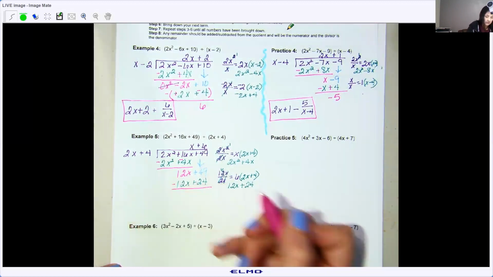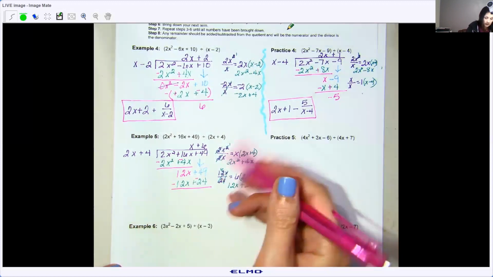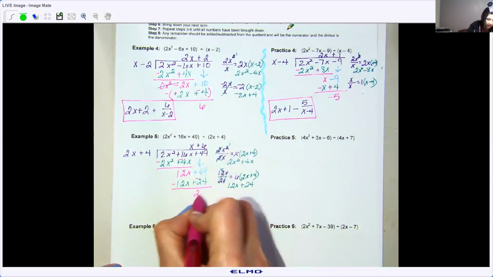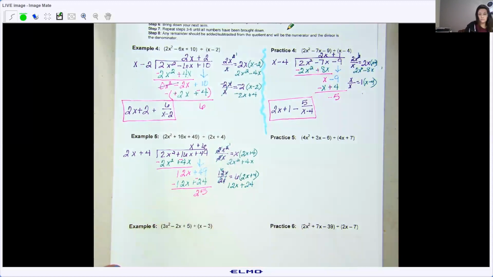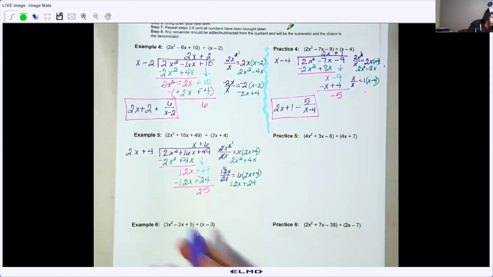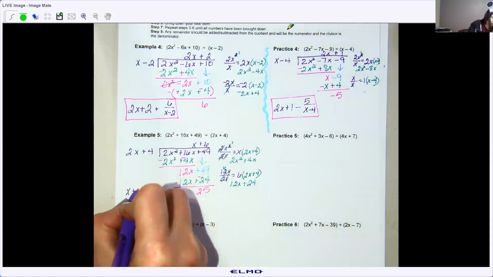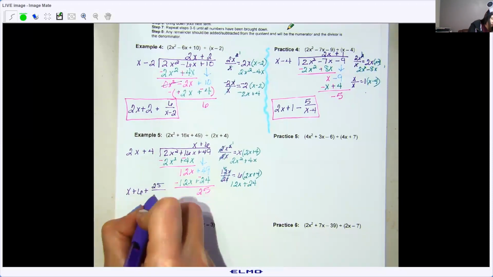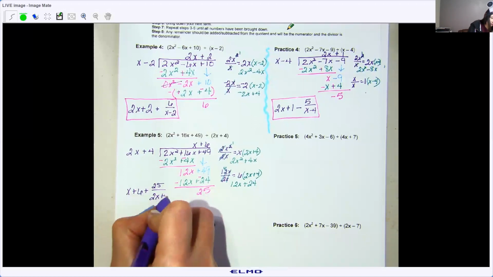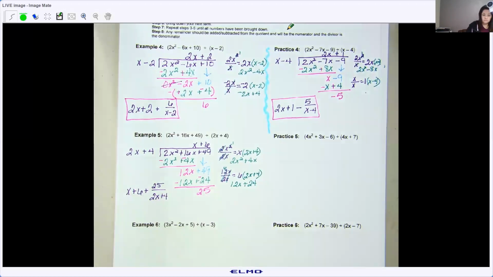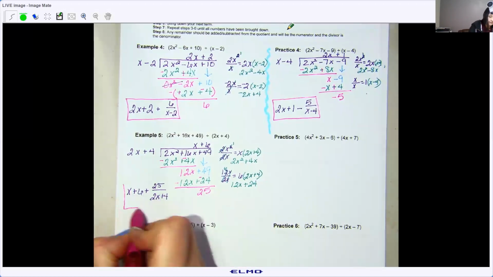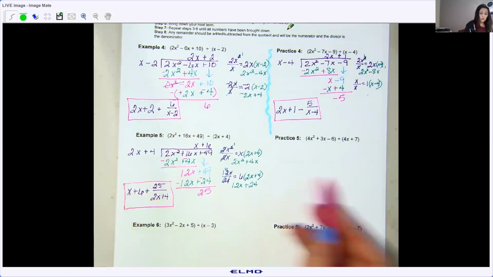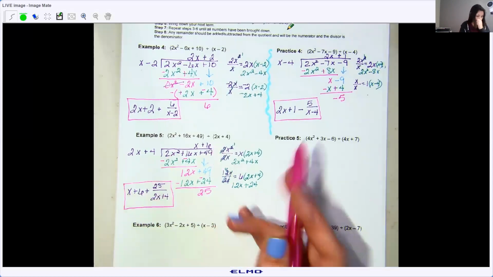Those cancel out. And we end up with 25 as a remainder. So my answer is x plus 6, that's a positive, so plus 25 over 2x plus 4. So the only difference with these two here is just the coefficient right there.